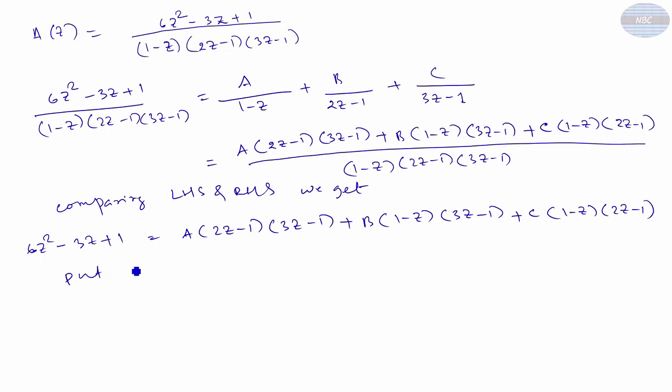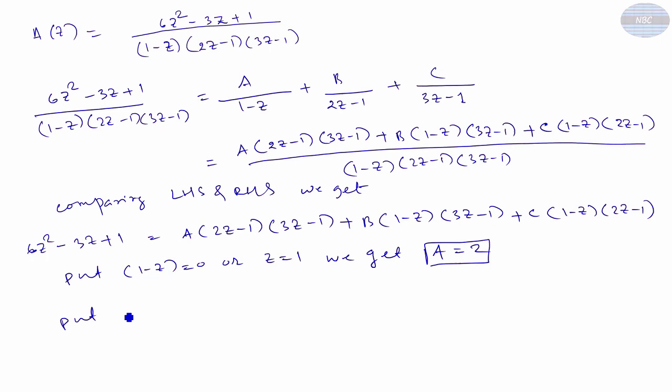So here we'll use the shortcut method, put 1 minus z is equal to 0, so the B and C terms will be equal to 0. Okay, so here when you put 1 minus z is equal to 0, we have z is equal to 1, so we get A is equal to 2. Okay, so this is the calculation you have to do in rough. I have already done this one.